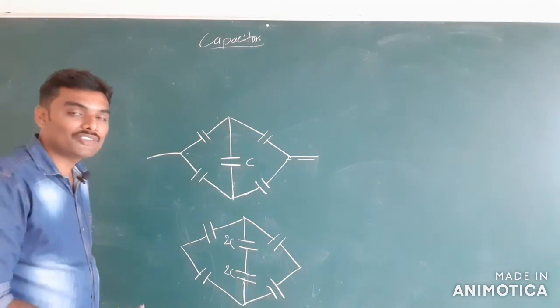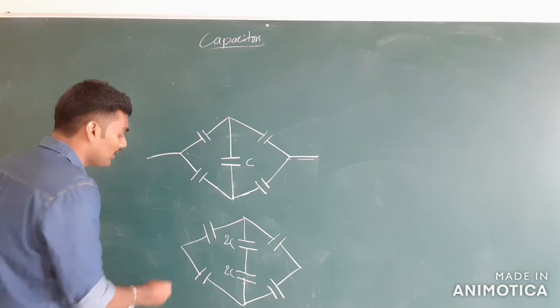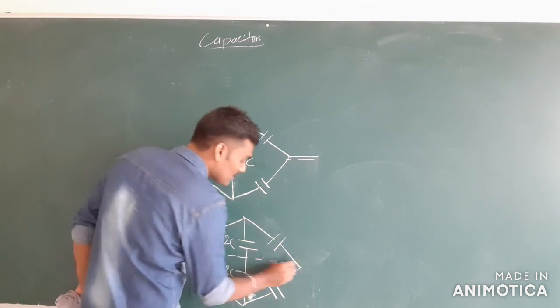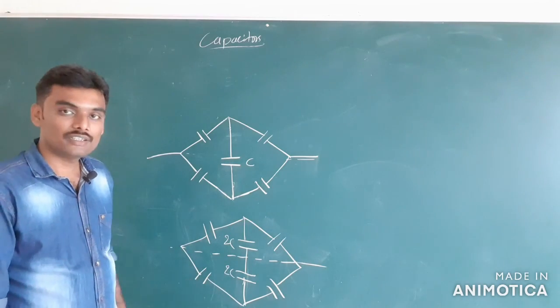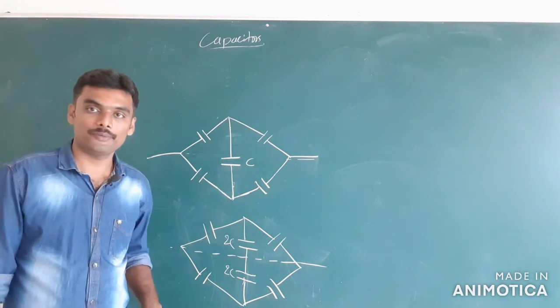And why am I splitting it? Because I want to get the symmetry. And now I got horizontal symmetry, and I can solve the circuit now.